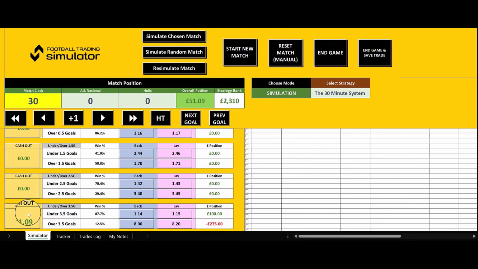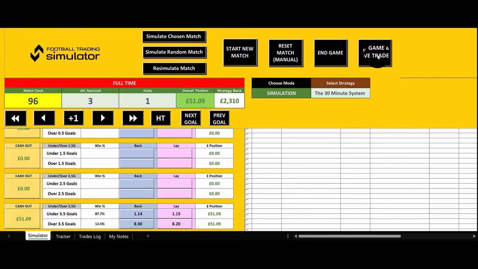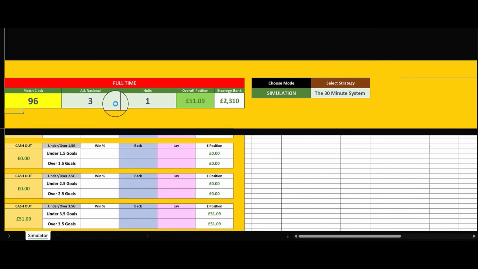All right, another profit. So look, if you can manage to profile matches with your pre-match research and look for those matches which are going to be slow burners, could be goalless for the first 30 minutes, then from the looks of it, you could do very, very well with this strategy in the real markets. But anyway, we will add this to the tally, and in the end, look, 3-1 final score.